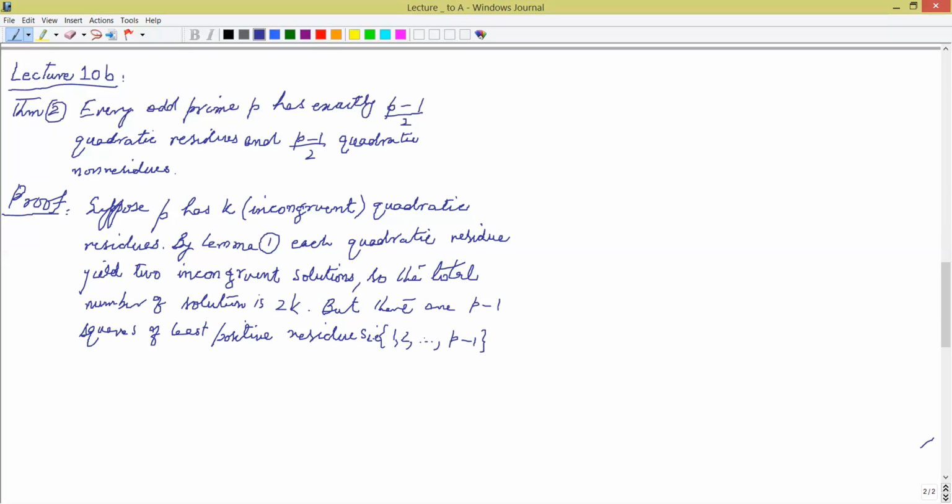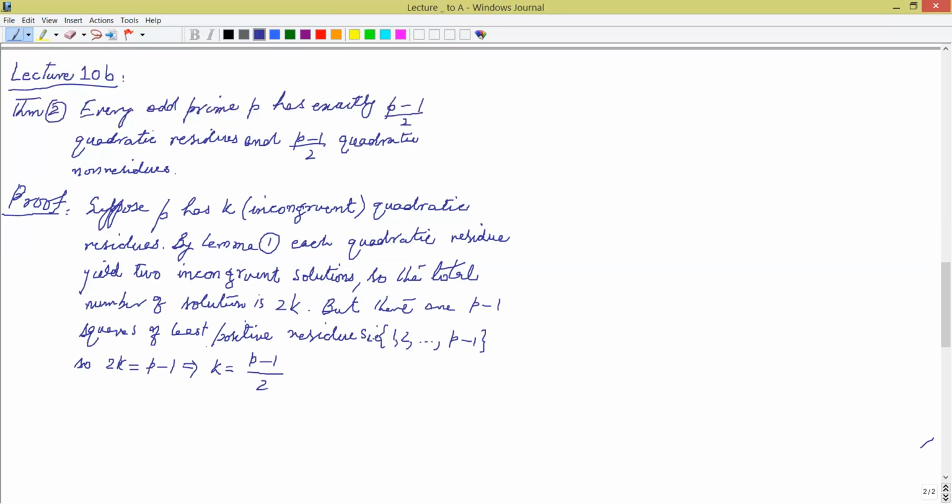So 2k must be equal to p minus 1, and this implies k is equal to (p minus 1) over 2.